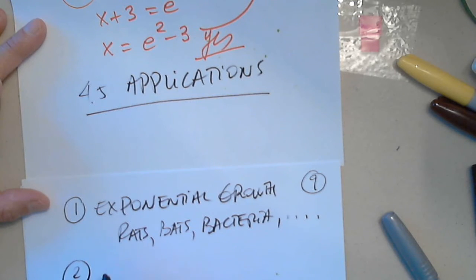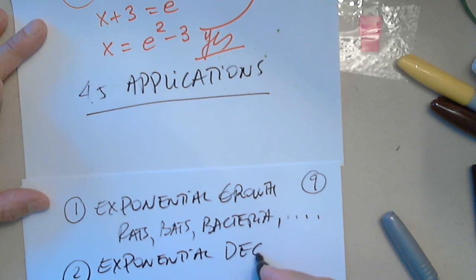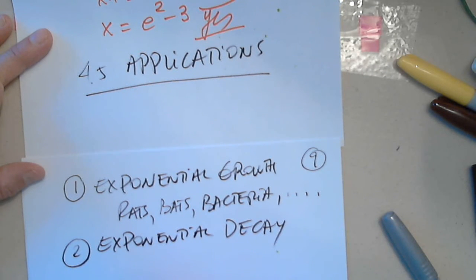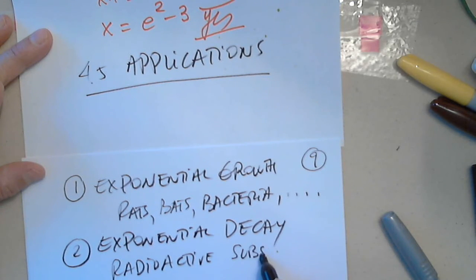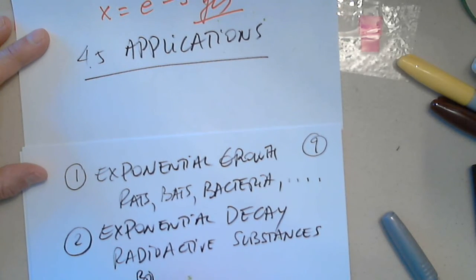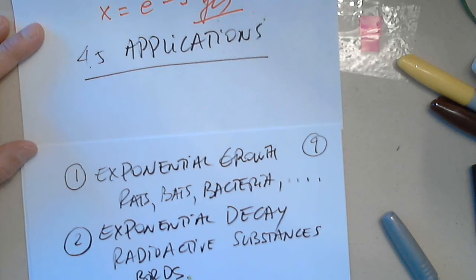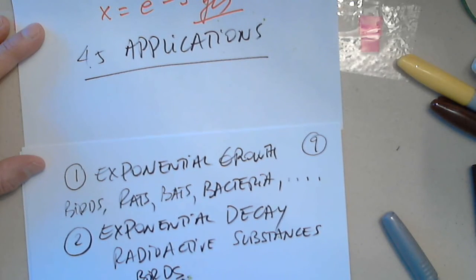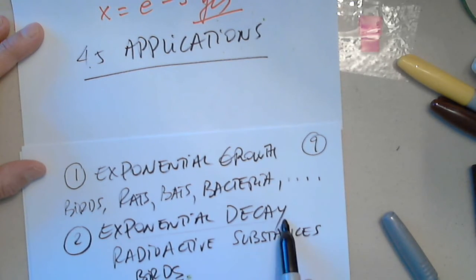Number 2, exponential decay. What decays exponentially? Radioactive substances. And others, for example, birds. Endangered species. Here, birds grow exponentially, but some birds that are endangered species can decrease their number.